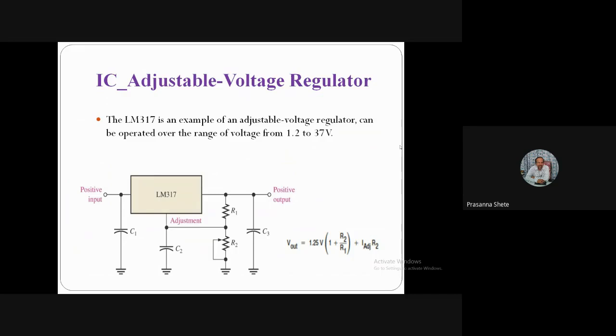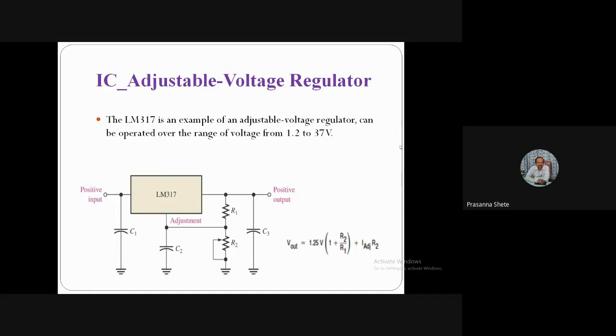For example, we have a transistor connected as a control element in series with the load, as we have seen in the discrete transistorized circuit. The transistor is in linear mode, as we have studied, since these are all linear voltage regulators. The transistor which is in series with the load is connected in the active region, and hence in order to operate that transistor in active mode, we have the drop between input and output as 1.2 volts.